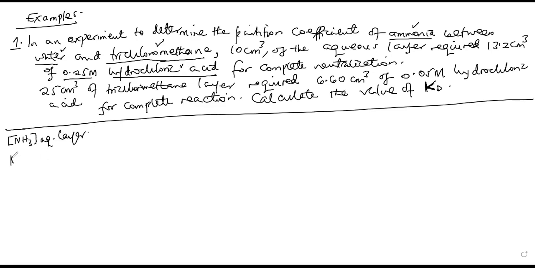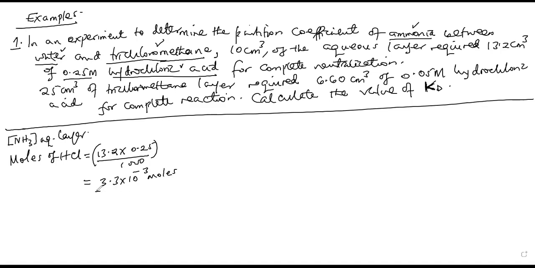So moles of HCl will be 13.2 times 0.25 out of 1,000. Is it okay? Yes, it is 3.3 times 10 to the power negative 3 moles.